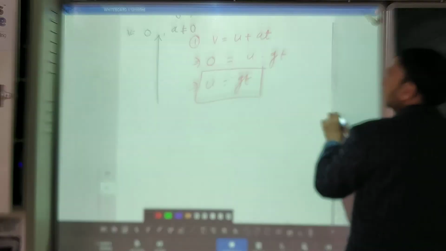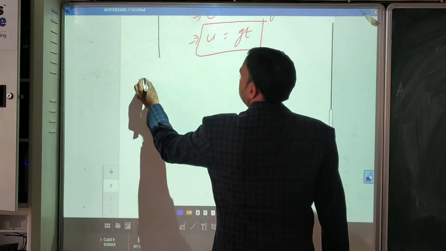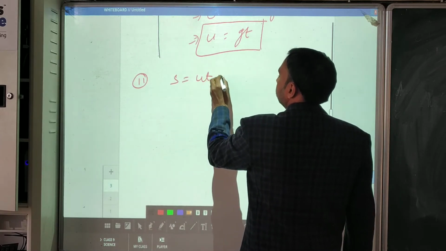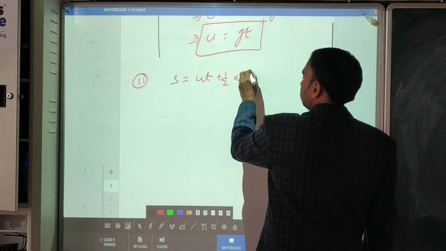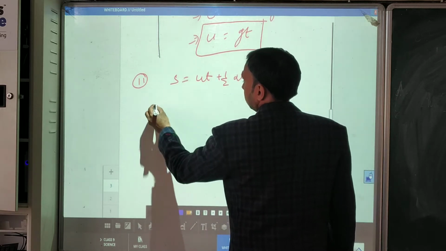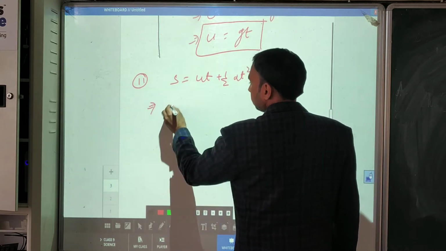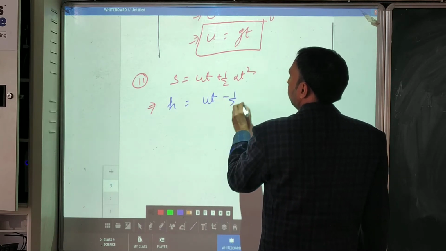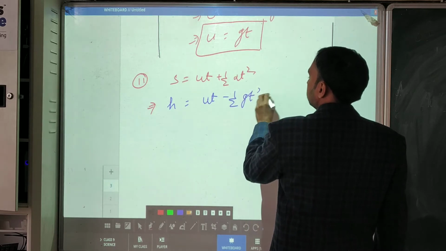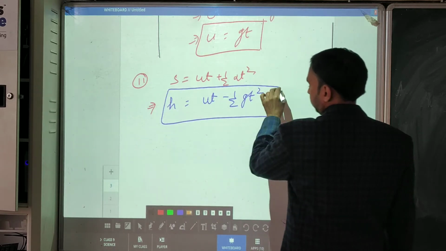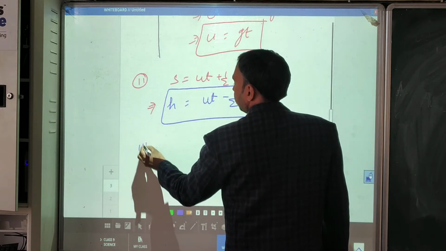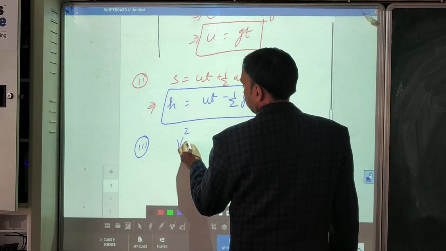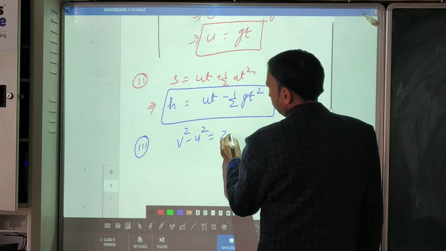Second, we can easily calculate the second relation as s is equal to ut plus half at square. So now we can write h is equal to ut minus half gt square. This is the second equation of motion, and the third one we can calculate as v square minus u square is equal to 2as.